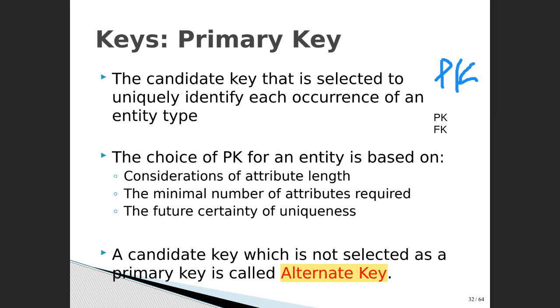Someone views a property, and there is another guy from the same company who guides this customer or client. So the viewing entity might include two primary keys. There are two main attributes that identify each object from this entity type.